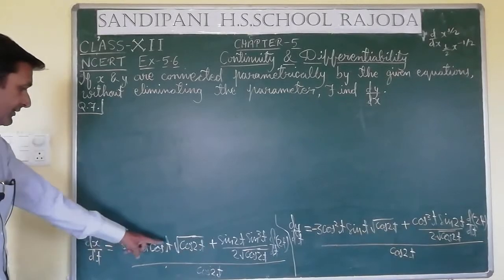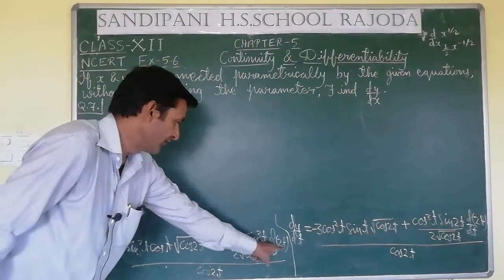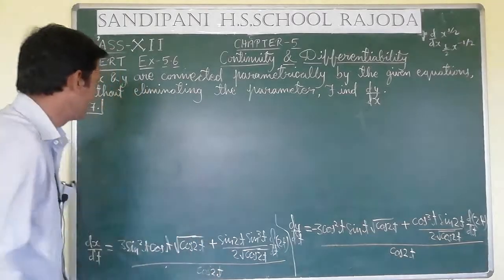Now see, if we take differentiation of 2t, that is 2, so that 2 will be cancelled here.